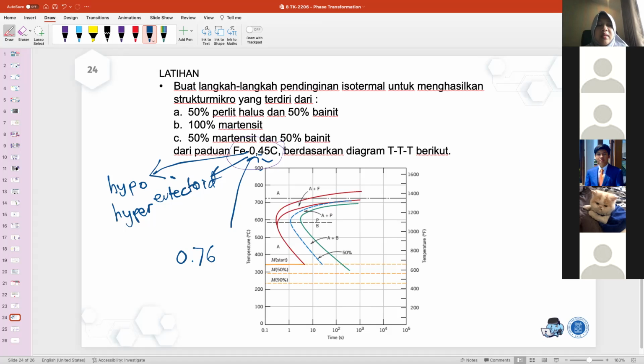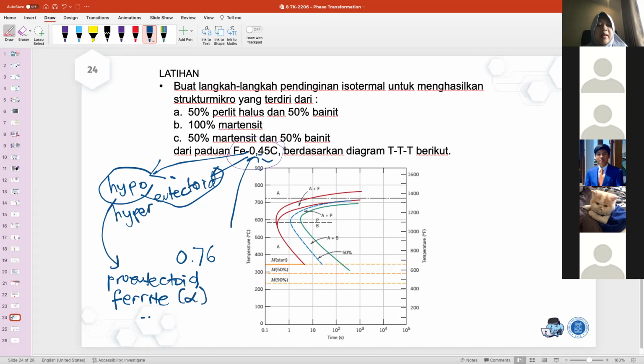Okay? Because it is a hypoeutectoid steel, when you look at the microstructure, you will end up with proeutectoid ferrite or alpha plus perlite.